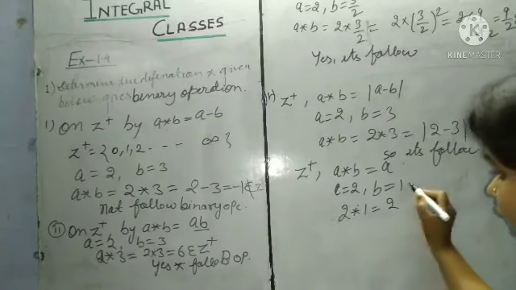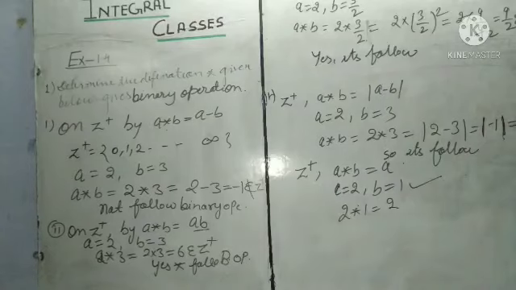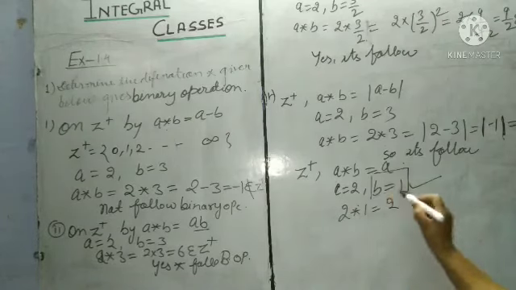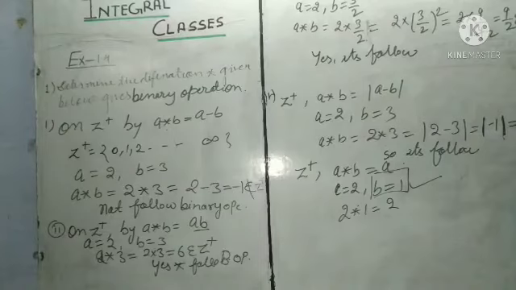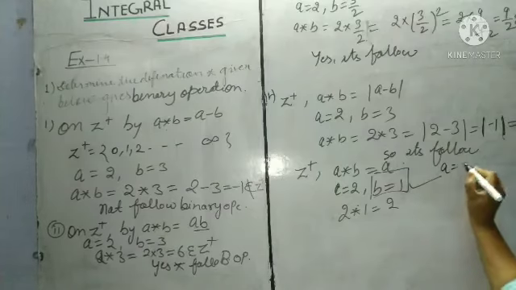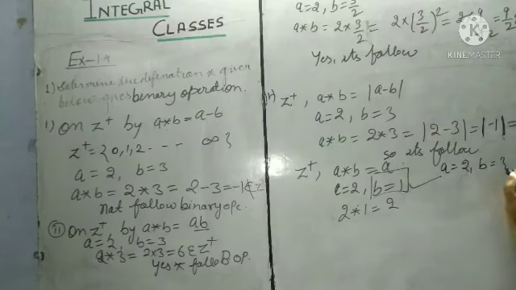So only in this case we get the same number. Why? Because if we consider b equal to 1, then we get this number applied. But if we apply other numbers, suppose a equal to 2 and b equal to 3.